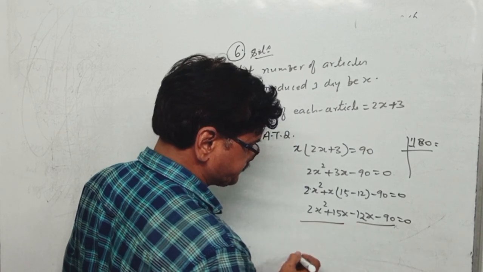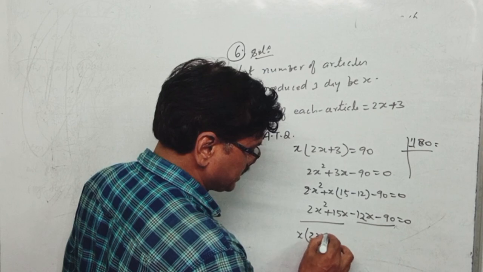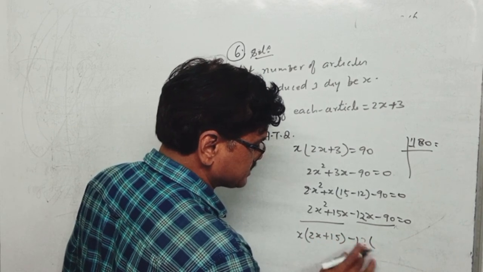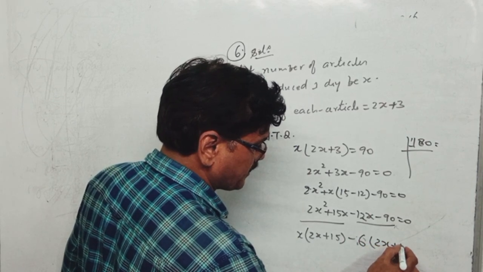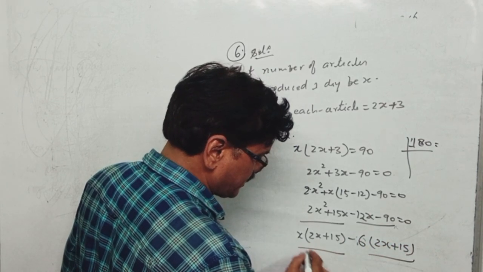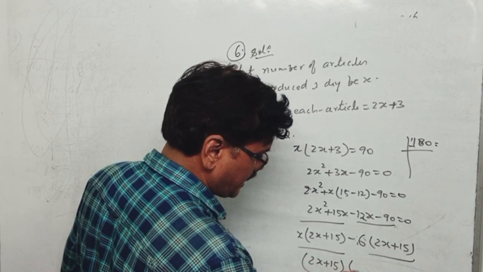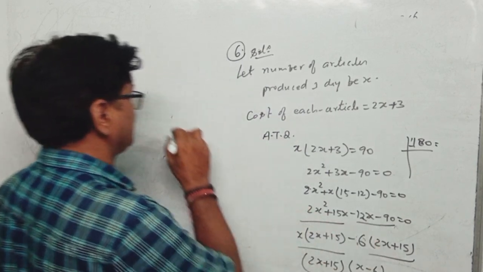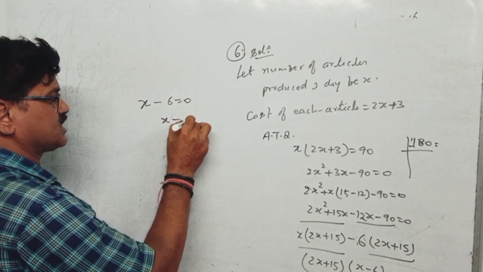Here x in bracket 2x plus 15, minus 6 in bracket, 2x plus 15. Now the common factor is 2x plus 15 in one bracket and x minus 6 in the other. 2x plus 15 gives a negative value, so you take x minus 6 is equal to 0, so x is equal to 6.